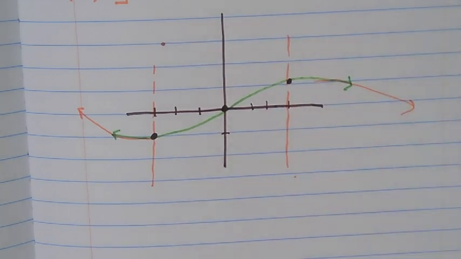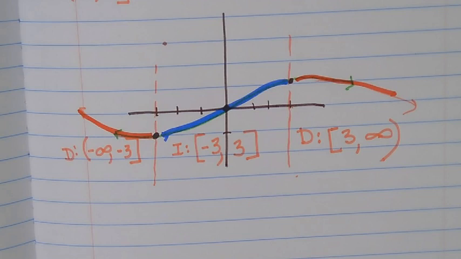And right there, right? So can you write those for me? I'm just going to pause here for a minute and let you guys try that. So there's the intervals for that one. Any questions?